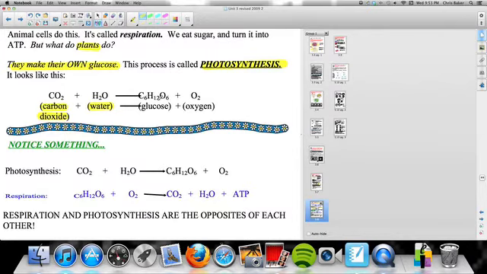And they, through the magic of sunlight, which I could make like a big yellow sun right here, through the process of sunlight, I'll even write sun right there.